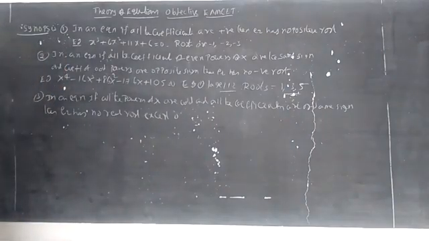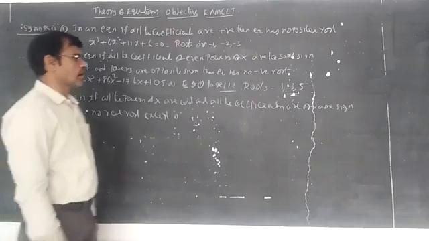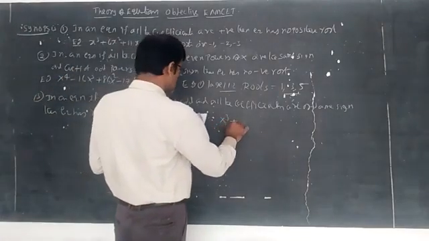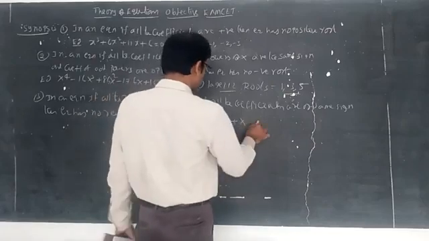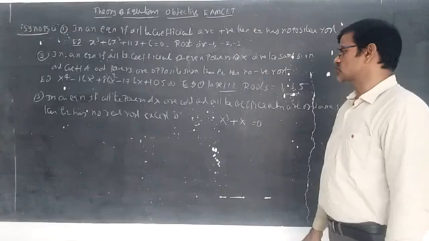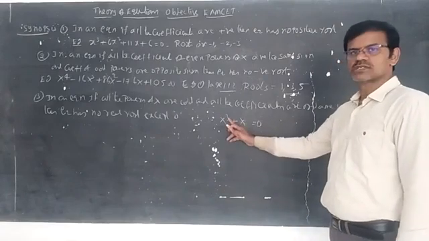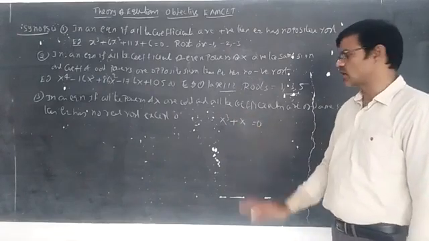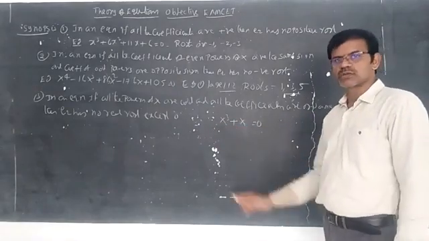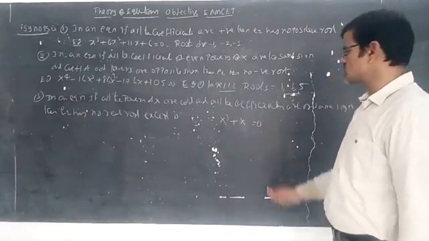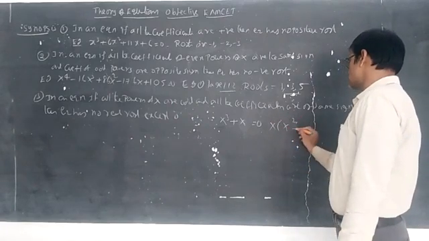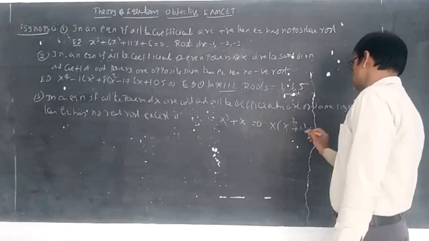Now, in an equation, if all powers of x are odd and all the coefficients have the same sign, consider the example x cube plus x equal to 0. All the powers of x are odd: this is power 3, this is 1. All the coefficients have the same sign, 1, positive. And the equation has no real roots except 0. Taking x common, you can write x square plus 1 is equal to 0.